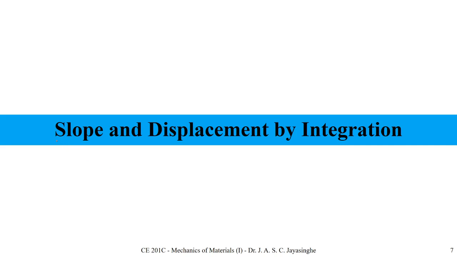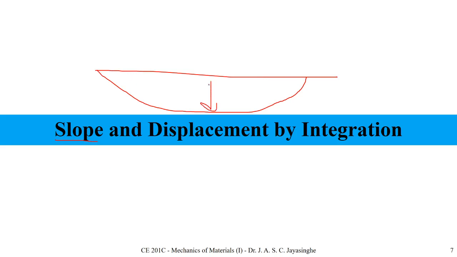Okay, so now we're going to jump to this one. We're going to target beam deflection and at the same time rotation. Rotation is the tangent, how much theta is. Of course, you actually get tan theta, but here we are talking about very small deformation, so because of that it is going to equal theta. And by this we go into the integration formula.